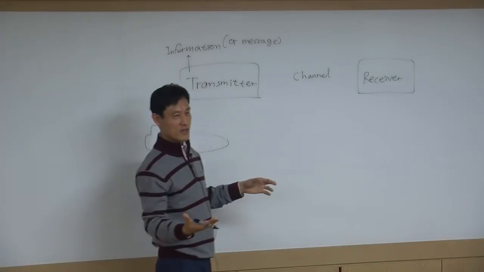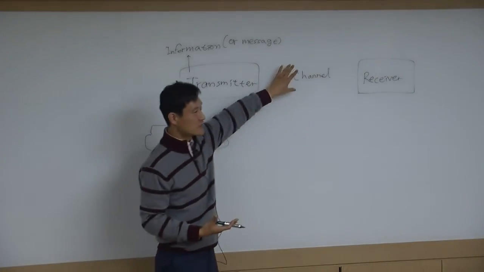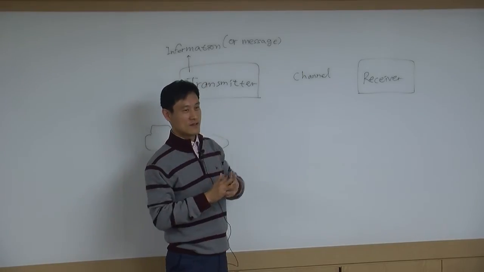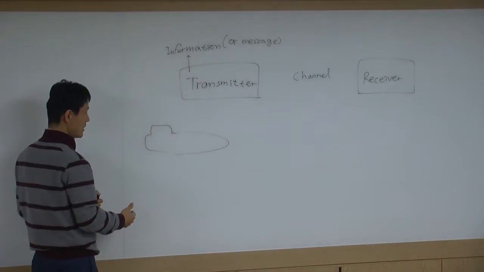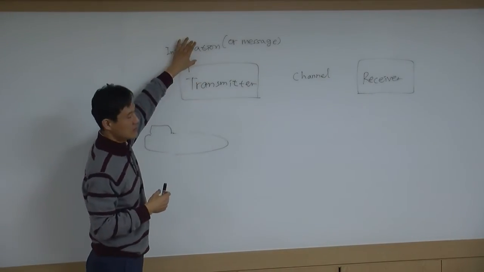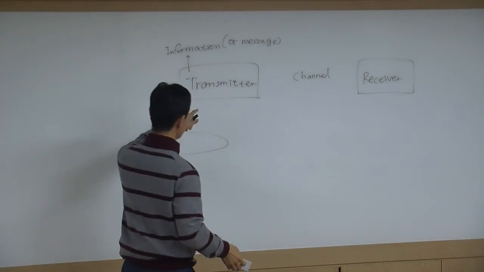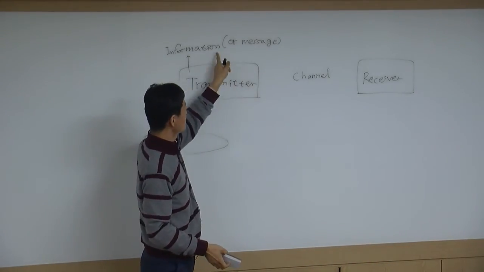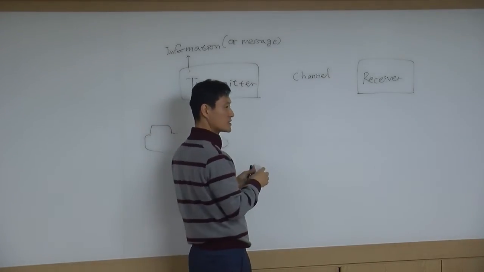How do they communicate? This is underwater. Water is a very different channel than wireless. So depending on the channel, you need to use a very different way of doing it. But the information can be the same thing. My information is my original message. The information can be the same, but depending on the channel, you need to make this information in a different way and transmit.